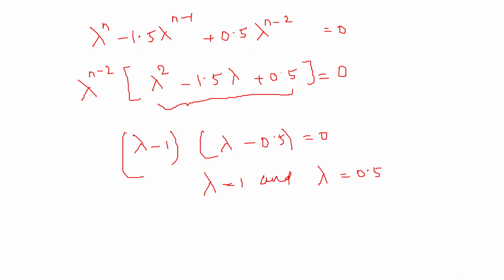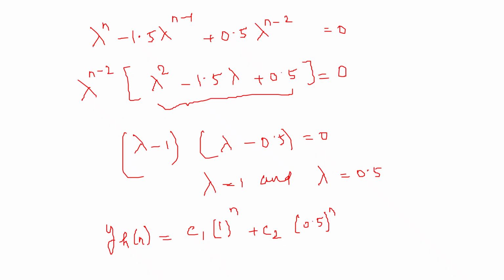So the solution is yh of n equal to c1 times 1 power n plus c2 times 0.5 the whole power n. This is the solution of the homogeneous equation.